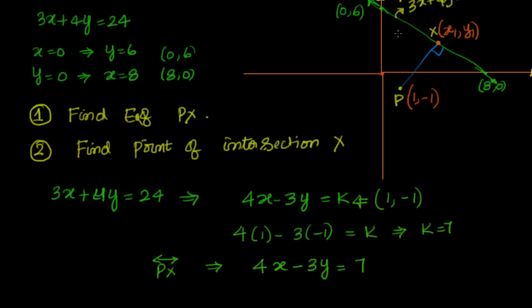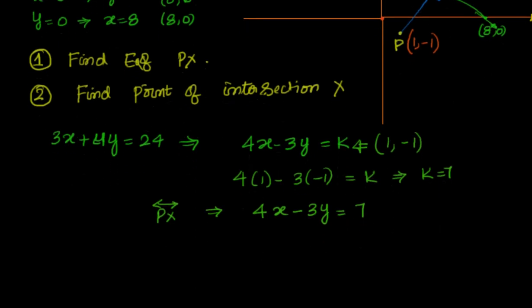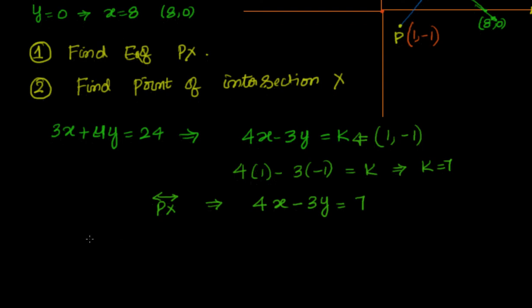So now we have two equations, 3x plus 4y equal to 24 and 4x minus 3y equal to 7. We can solve it. You can use cross multiplication or you can use elimination as I am doing now. I want to cancel y, so I'll multiply the first by 3 and the second by 4, so that 12y will cancel.